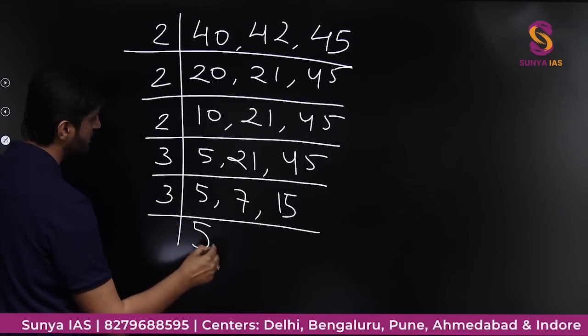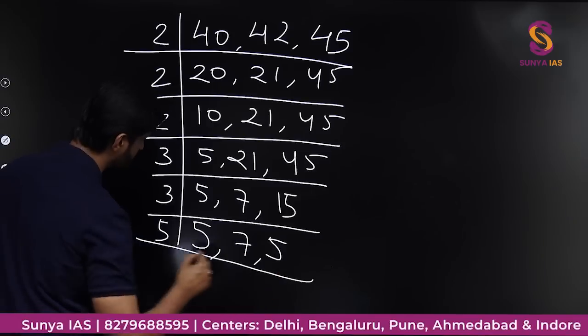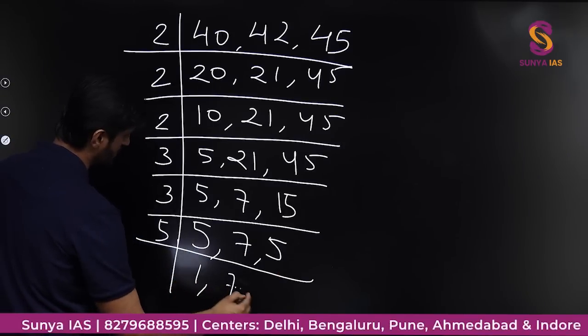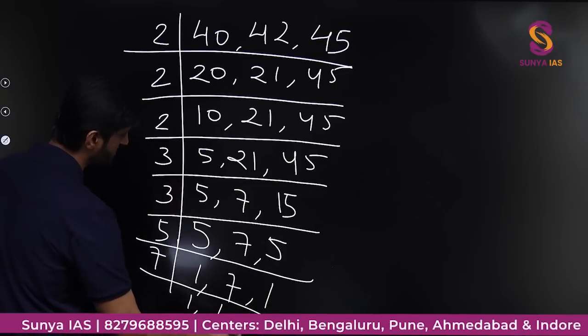Again, we'll go with 3. Then we'll go with 5. Ultimately, we'll go with a 7 so that all of them become 1.